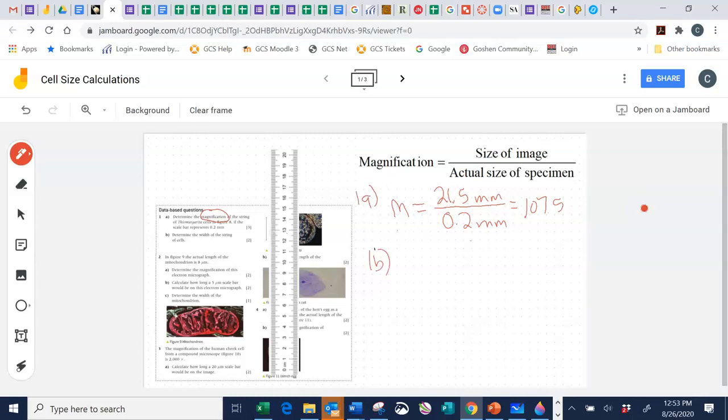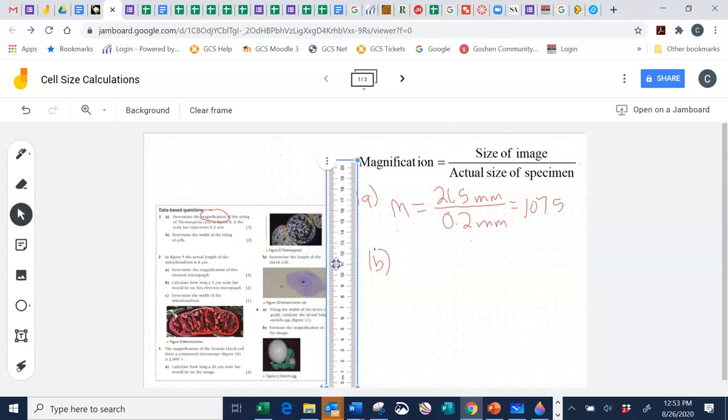For 1B, it says determine the width of the string of cells. Well, I think it's easiest to determine that by first of all drawing a line, so I know what I'm measuring. So I'm going to draw a line right across here.